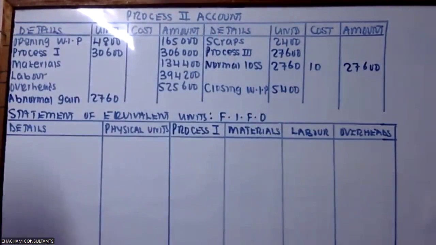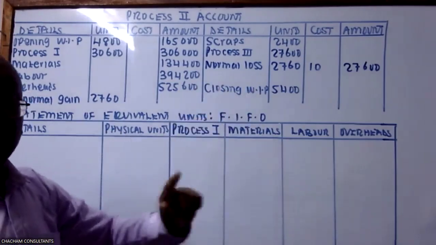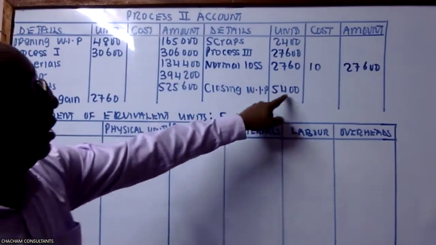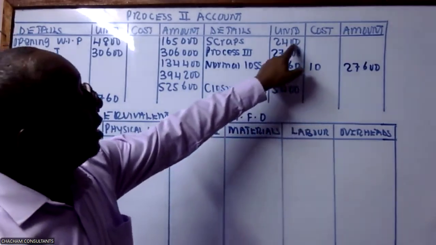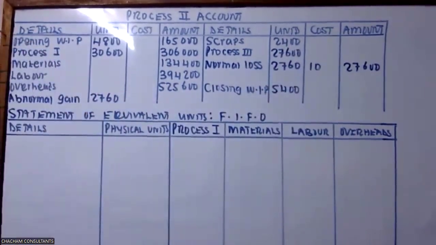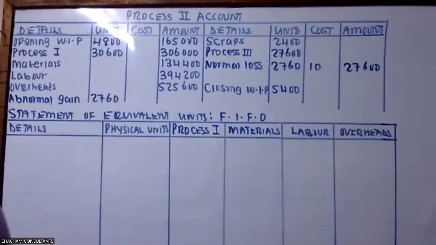When you're using FIFO, the design is you first of all bring these items. The items which do not have the unit costs are the ones which should come here. So we have this, this, this, and this. They don't have the unit costs.